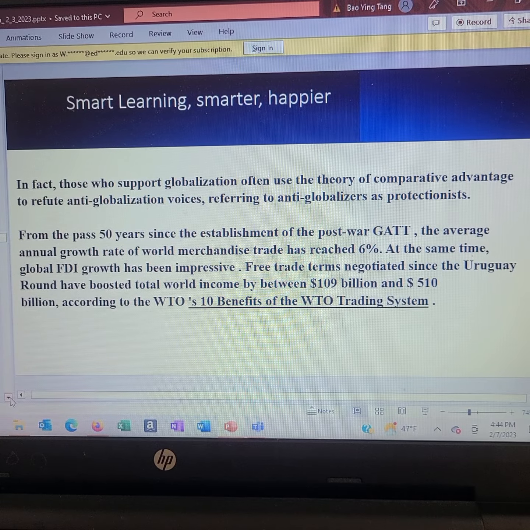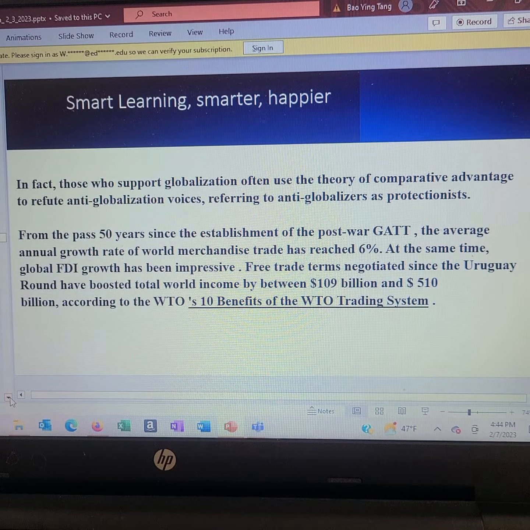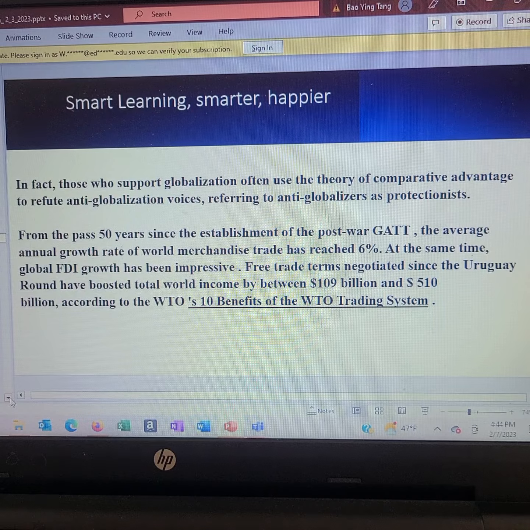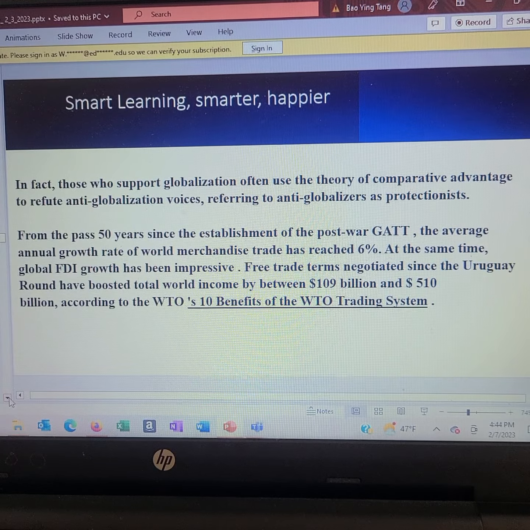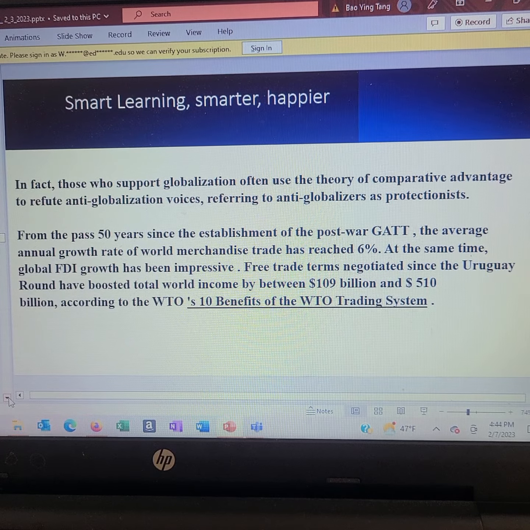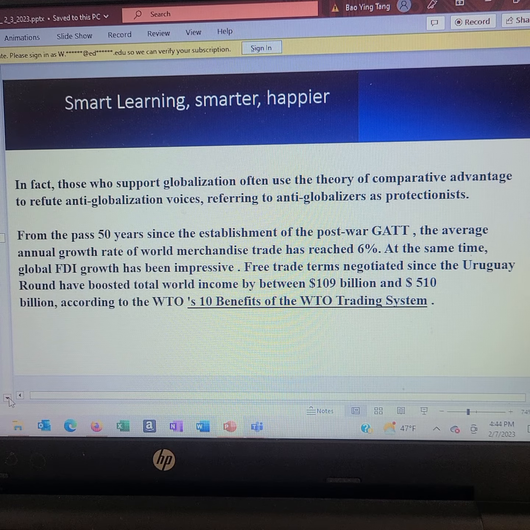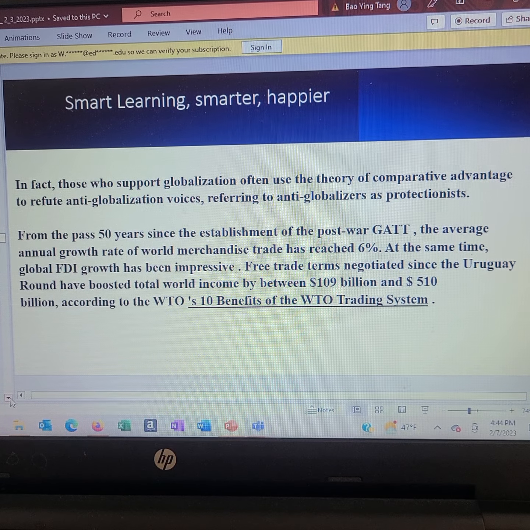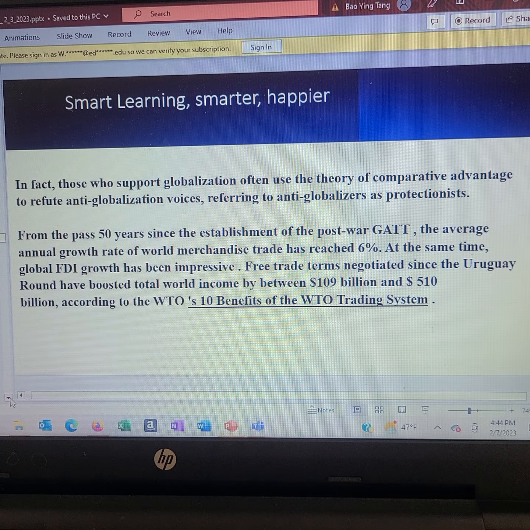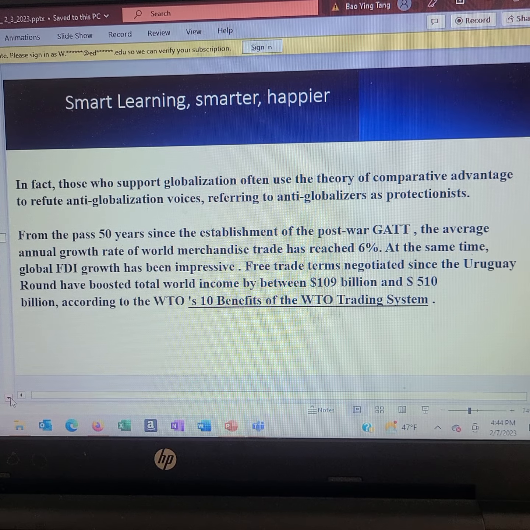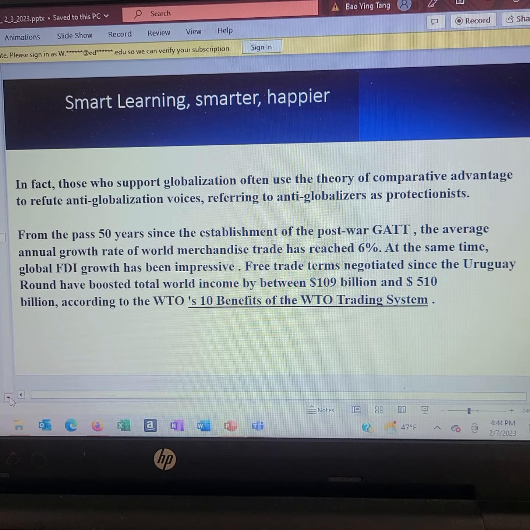In fact, those who support globalization often use the theory of comparative advantage to refute anti-globalization voices, referring to anti-globalizers as protectionists. For the past 50 years, since the establishment of the post-war GATT, the average annual growth rate of world merchandise trade has reached 6%.